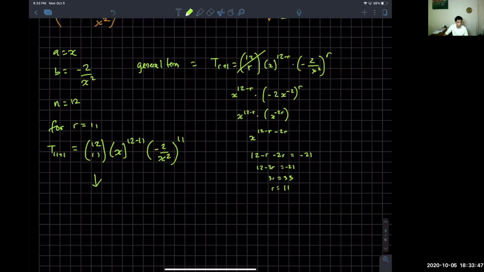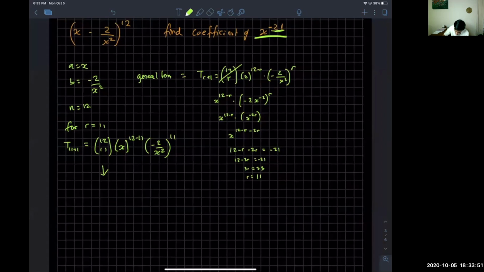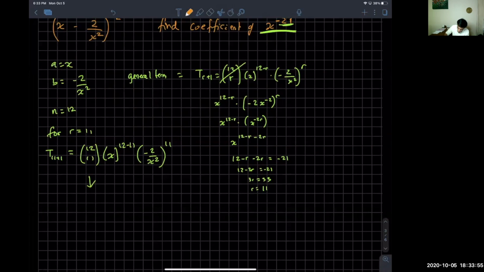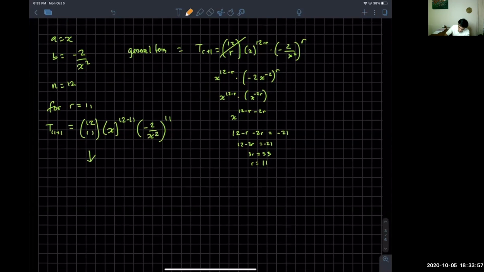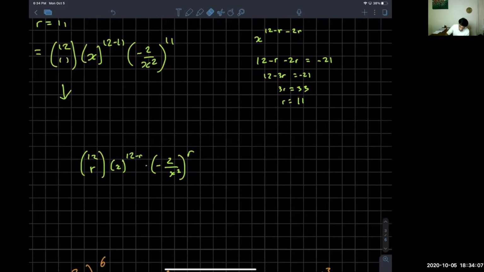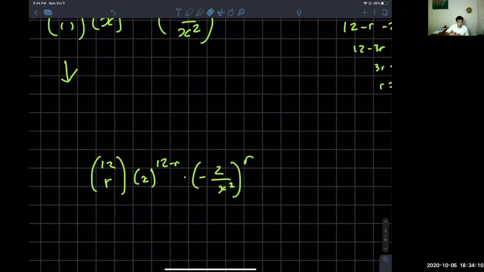Okay, the question is, why did I cancel out the 12Cr? Okay, let me slow down on this one and just explain this a little better. So we'll copy this here. Okay, so we have this, okay? All we care about here is the exponent of x, okay?